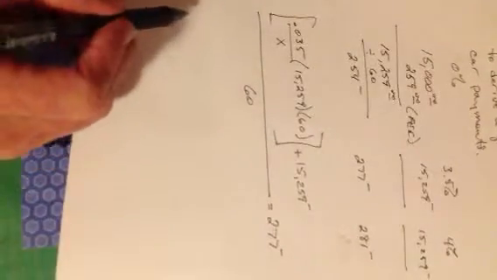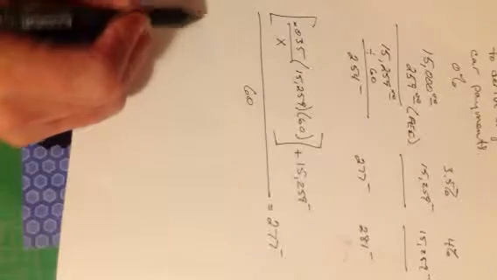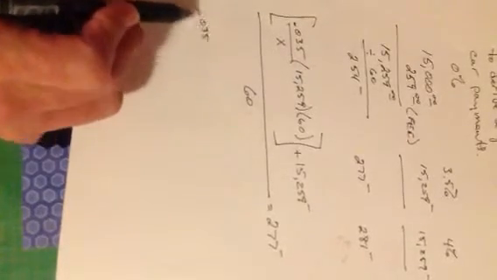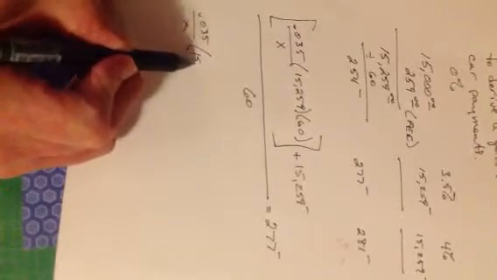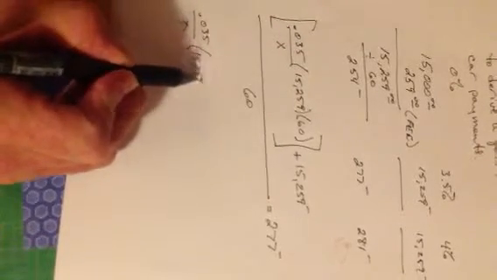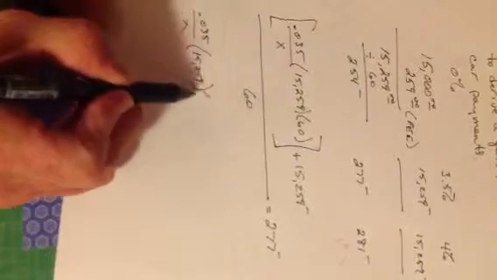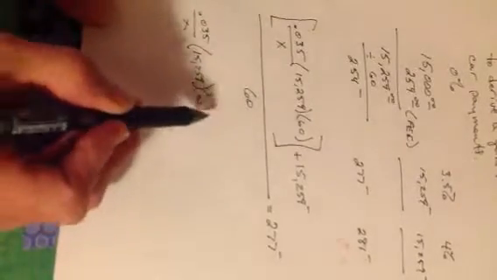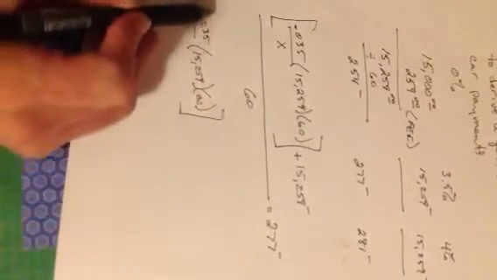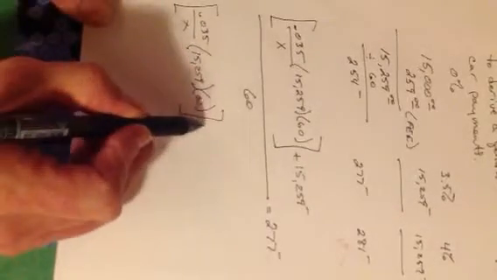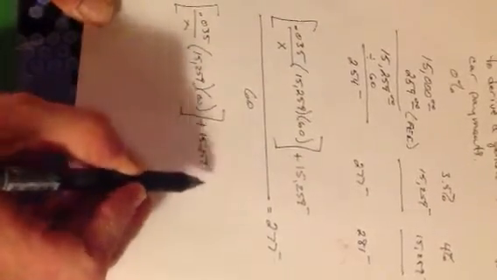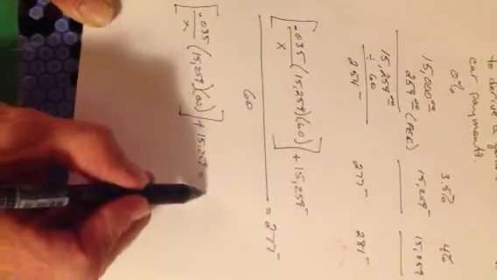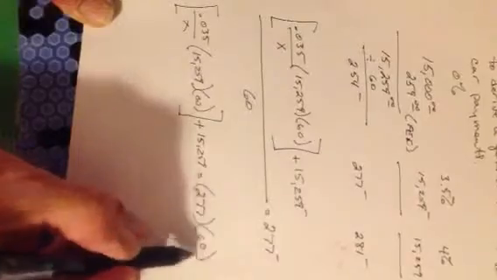So that would change my formula to look like this: 0.035 divided by x times 15,259 times 60, all in brackets, plus 15,259 is equal to 277 times 60.